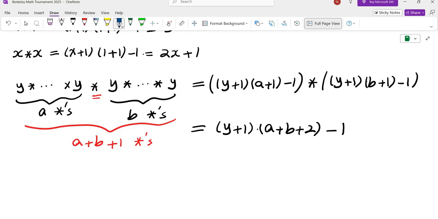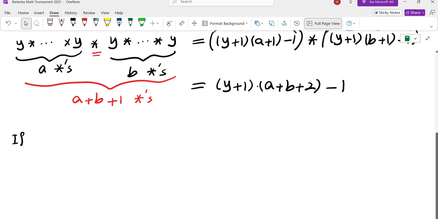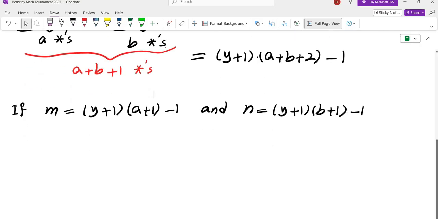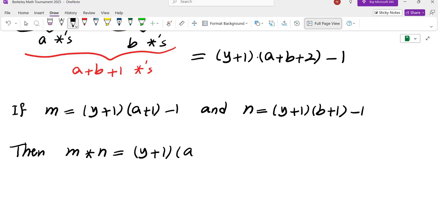Now, if I have two numbers m and n, and m and n can be written in that form, then I can write down what m star n is. So if m is equal to (y plus 1) times (a plus 1) minus 1, and n equals (y plus 1) times (b plus 1) minus 1, then m star n is equal to (y plus 1) times (a plus b plus 2) minus 1.